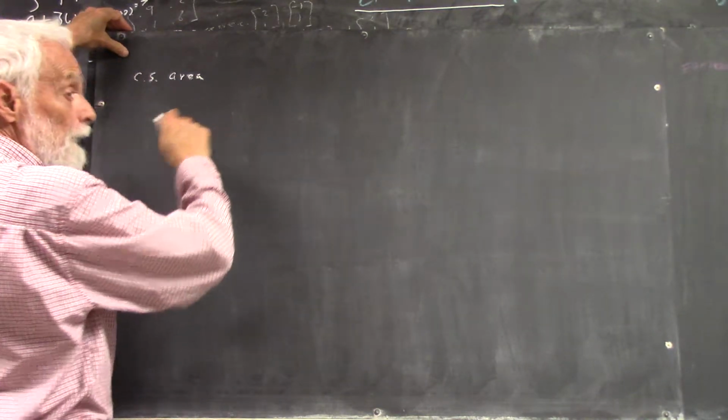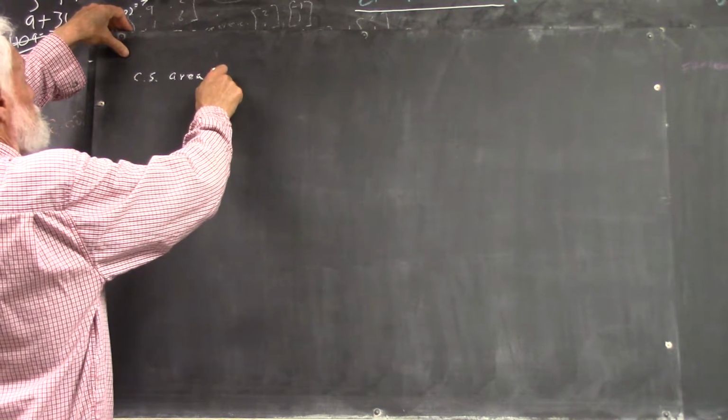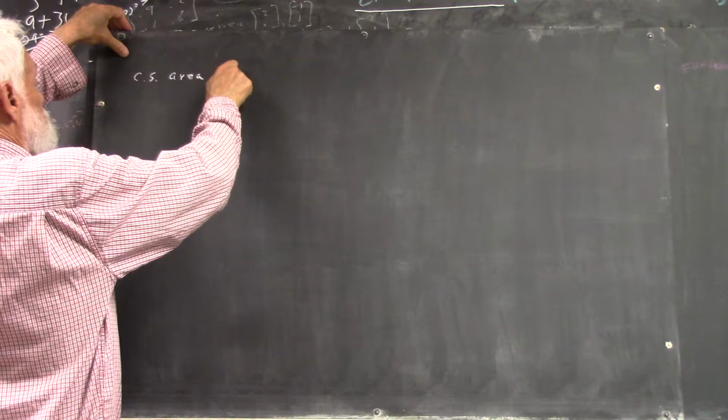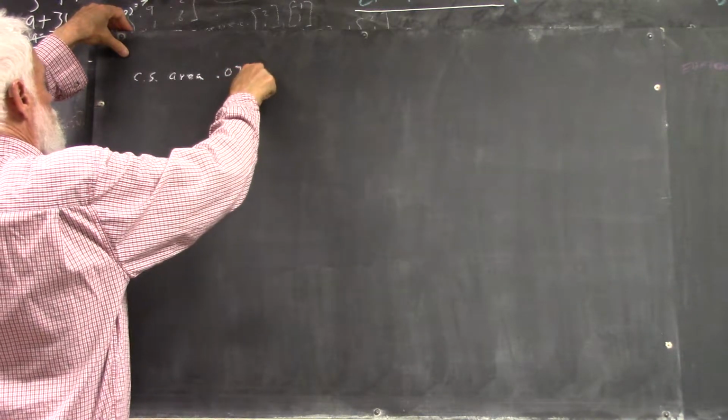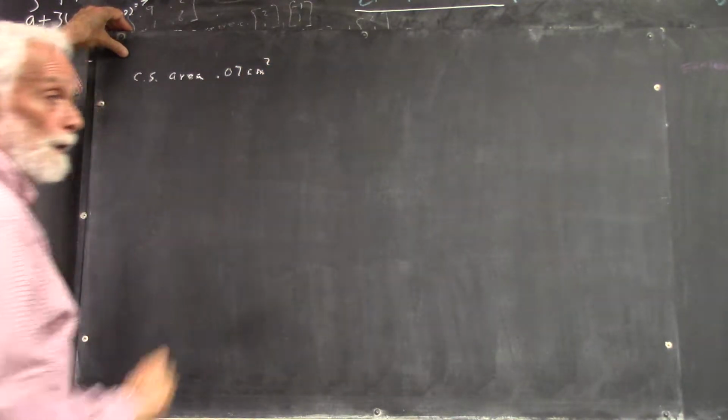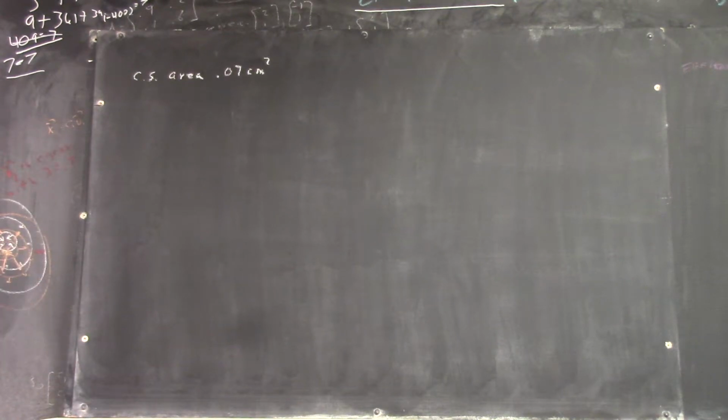Okay, cross-sectional area. Again, we'll say it is 0.07 square centimeters. Okay?